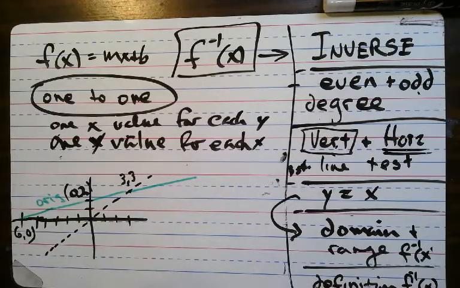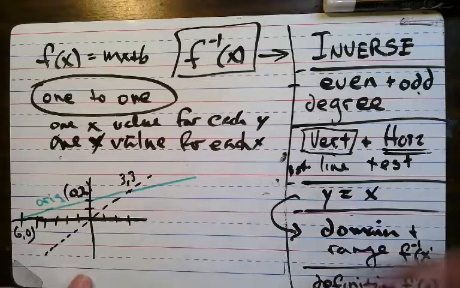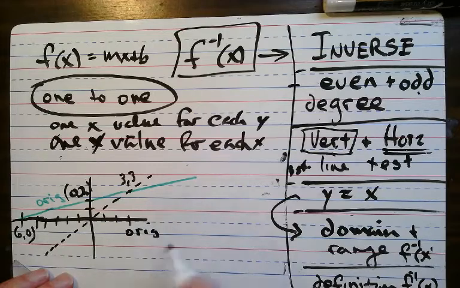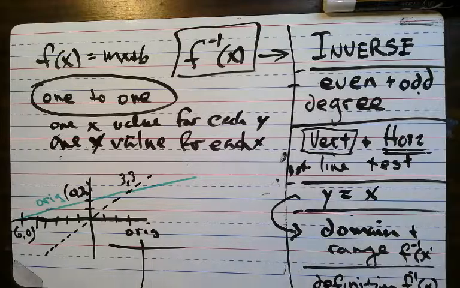Now then, what happens whenever I want to find the inverse? So here's my original. If I know that 6, 0 and 0, 2 and 3, 3 are all on my original graph, then 6 is the x and y.